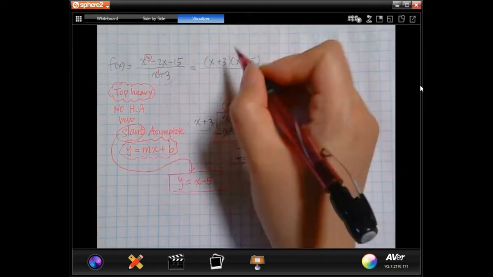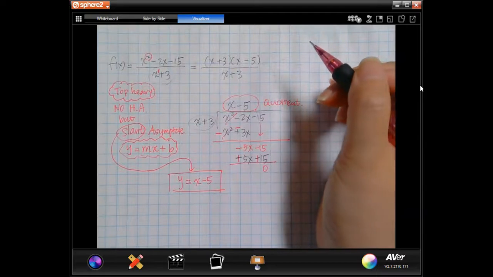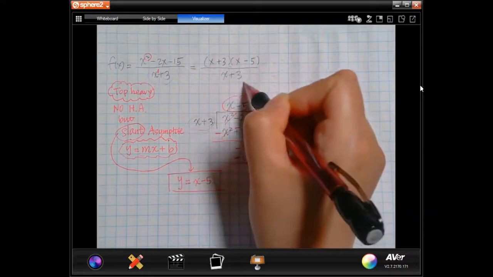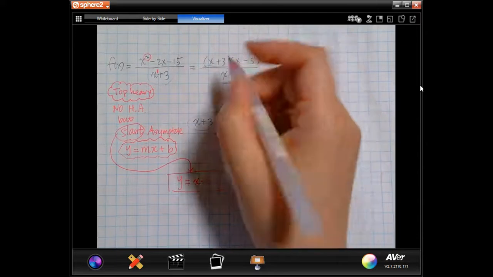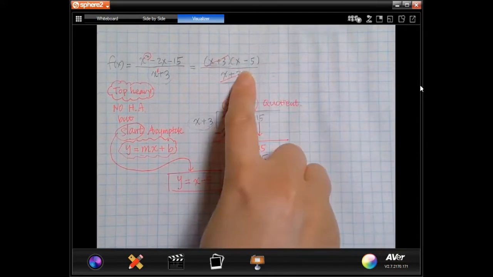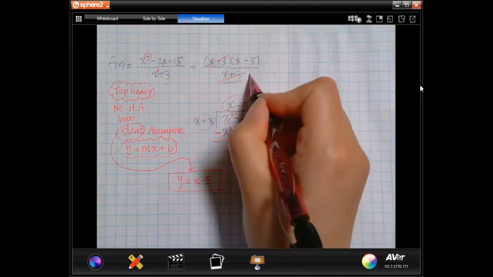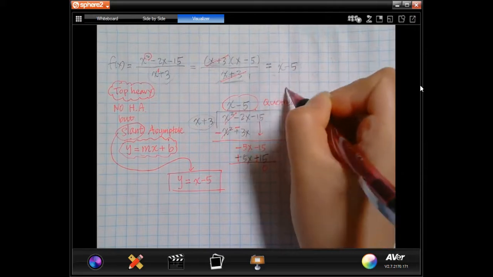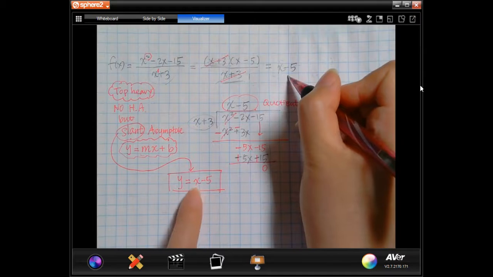So x plus 3 times x minus 5, and the denominator is x plus 3. I get to see the same common factor on top and bottom to cancel. So let's cancel. What's left? Only x minus 5 on top. After canceling, the denominator becomes 1, so this is essentially x minus 5 over 1, which is the one that we found as the slanted asymptote.